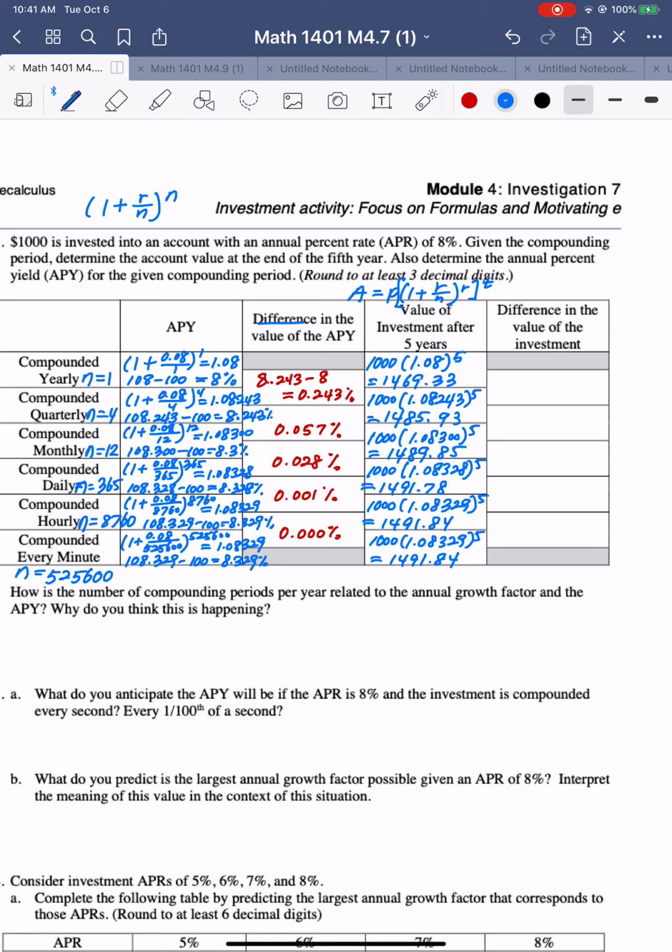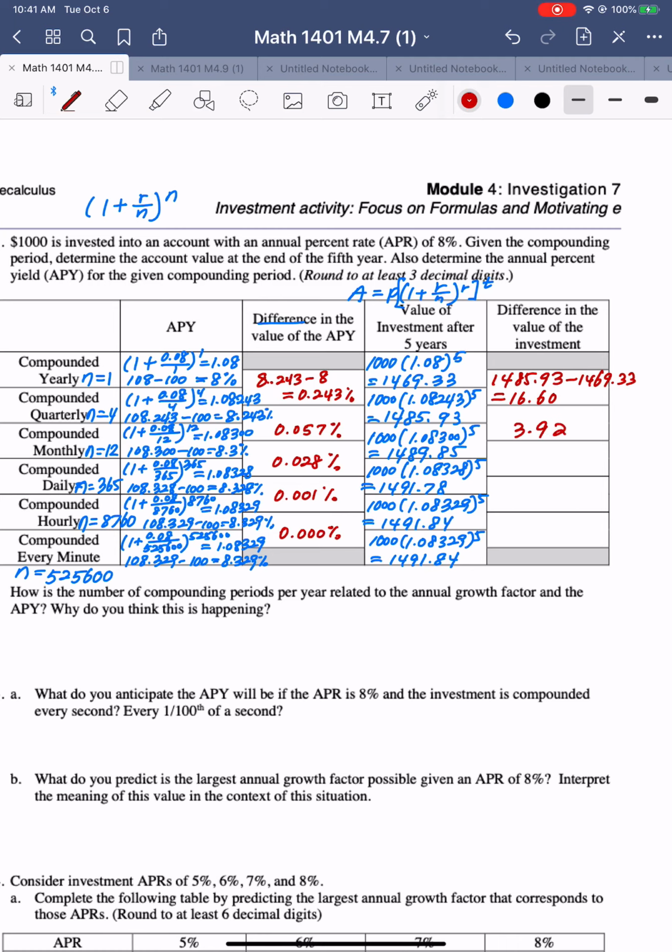So on here, I'm subtracting the 1485.93, which is from here, and then subtract this one. Subtracting the 1469.33, which I got as 1660. I'm subtracting again. Now from the 1489.85 to the 1485.93, I have a 3.92.